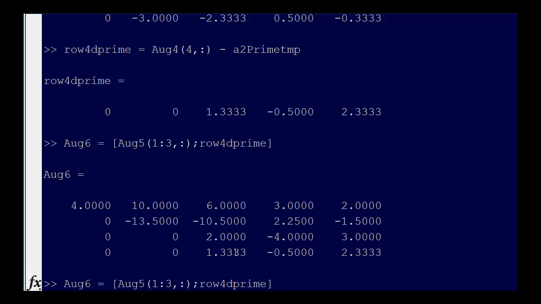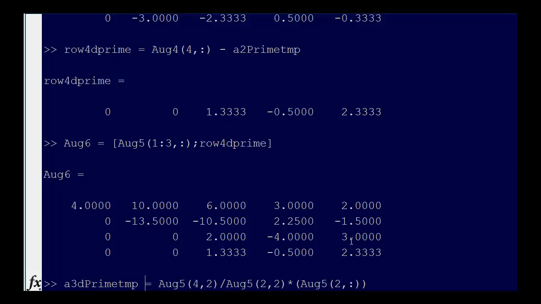Now let's go back through and zero out this entry here. So what we're going to have to do is the 4, 3. So that's going to be A3, because we want to do this one.